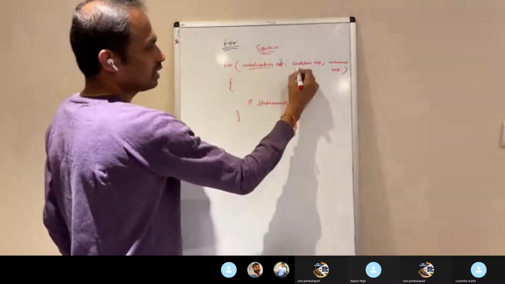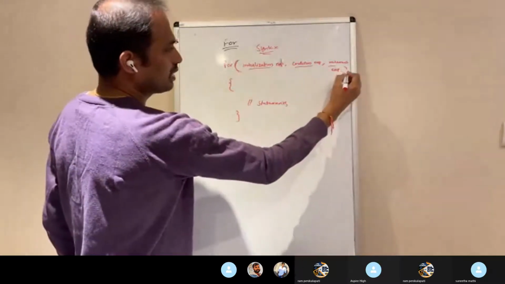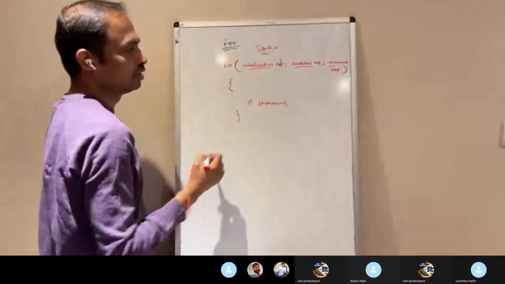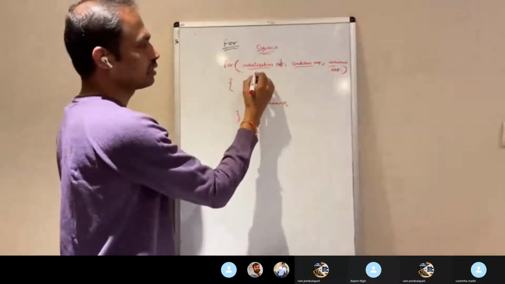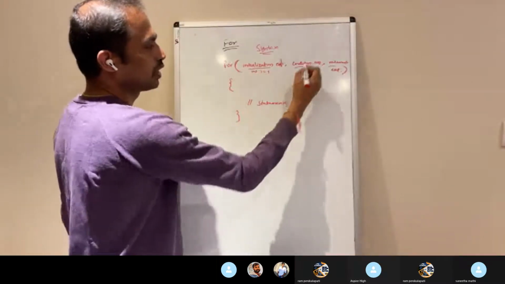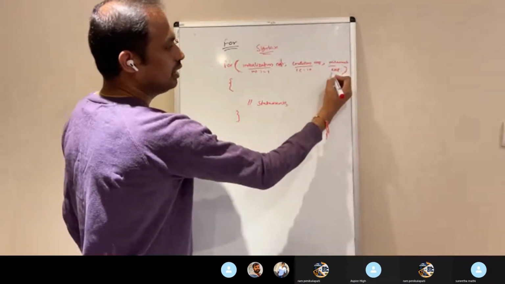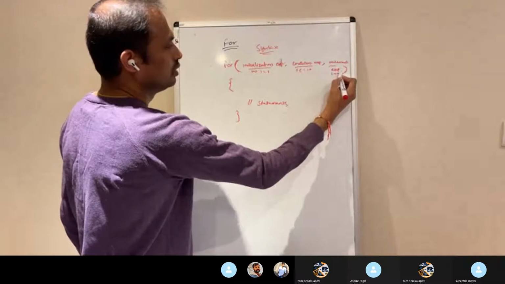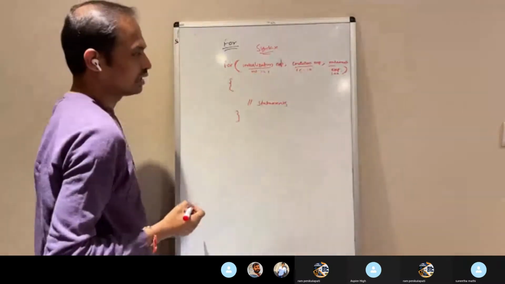So initialization, condition, and increment will be given as arguments in the for loop. So here only we'll be declaring all the values that we need to declare. So initialization means int i is equal to 1, condition i less than or equal to 10, and increment i plus plus. This will happen like this.